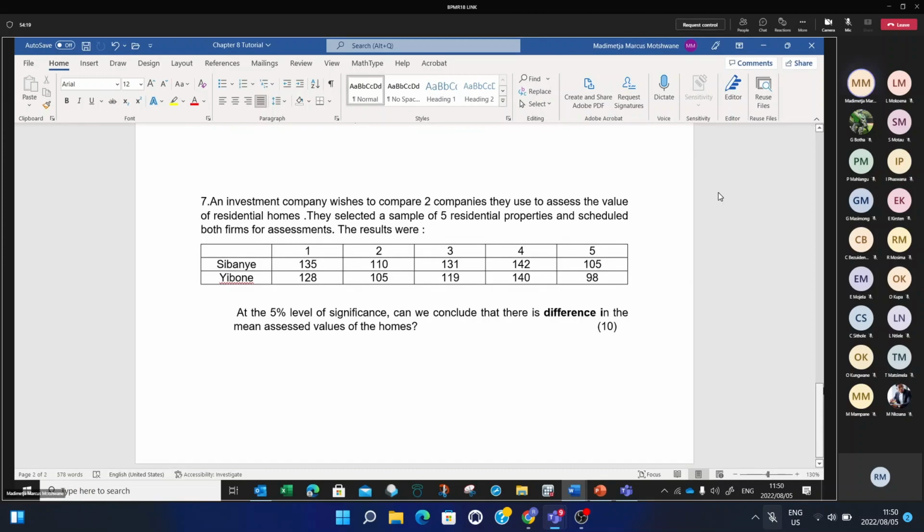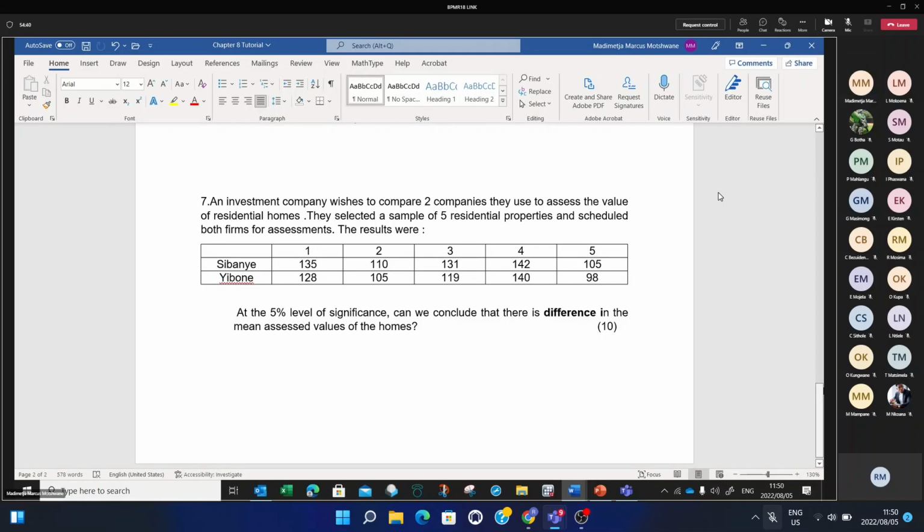Here is a question for 10 marks. An investment company wishes to compare two companies they use to assess the value of residential homes. They selected a sample of 5 residential properties and showed firms for assessment.